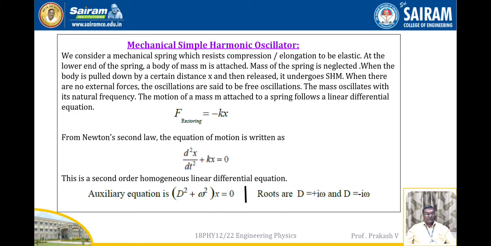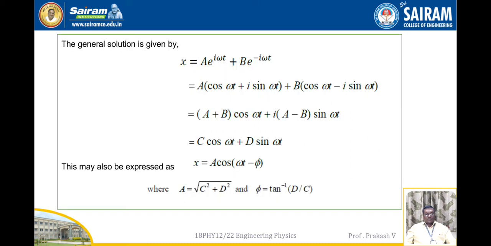Next, the general solution for the displacement x is given by x is equal to a into e to the power of i omega t plus b into e to the power of minus i omega t, that is equal to a into cos omega t plus i sin omega t plus b into cos omega t minus i sin omega t.